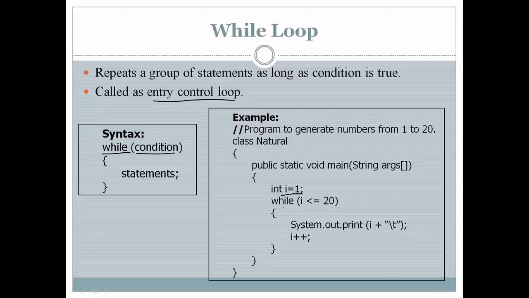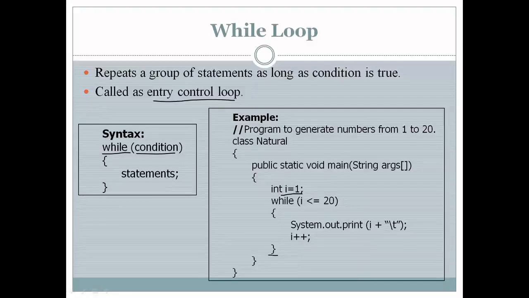Then we have a loop here: while I is less than or equal to 20. As we have assigned value 1 to I, initially this condition is true because 1 is less than or equal to 20. And if this is true, we have some set of statements enclosed in flower bracket open and flower bracket close. The statement included here is System.out.print.